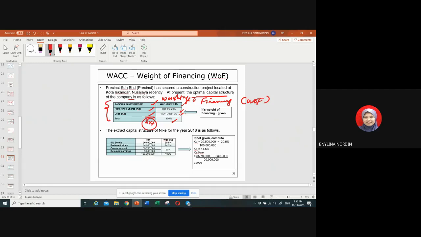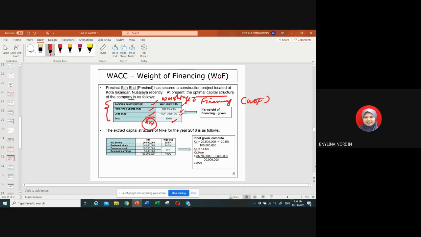Okay, let's go to another example, for Nike Berhad. The capital structure of Nike for the year 2018 is given as follows. You are given that the total capital of this Nike Berhad is 100 million ringgit. Out of 100 million ringgit, 20.5 million ringgit is contributed by bonds or debts, and 14.5 million ringgit is contributed by preference shares.